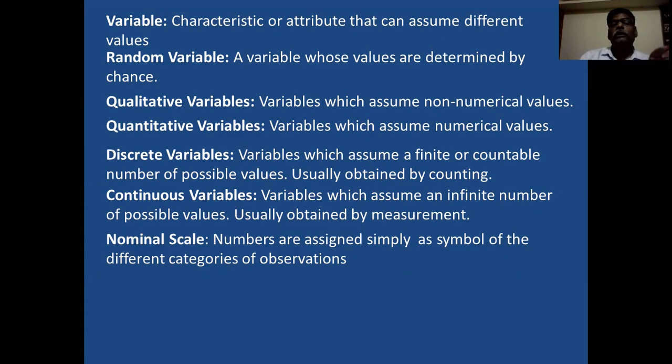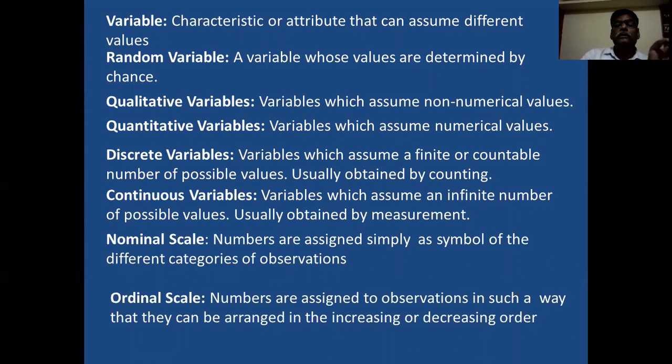To observe the categories or to count the variables, we give numbers: 1, 2, 3, 4, 5, 6, 7, 8, 9, 10, like this. Assigning numbers simply to the observations is called the nominal scale.